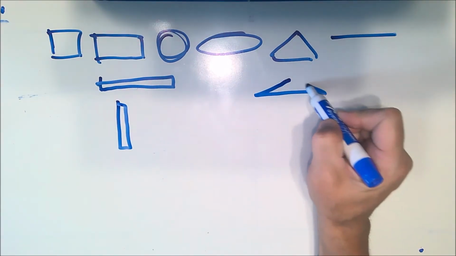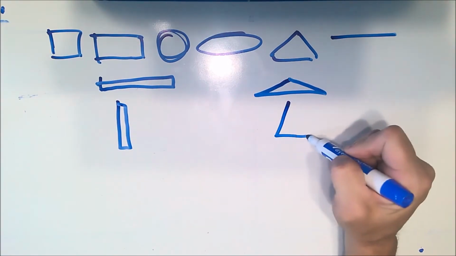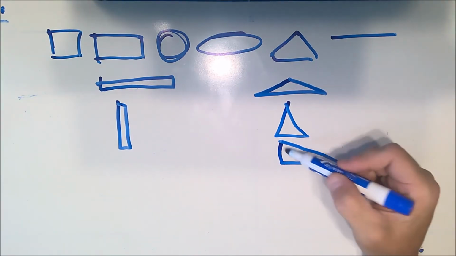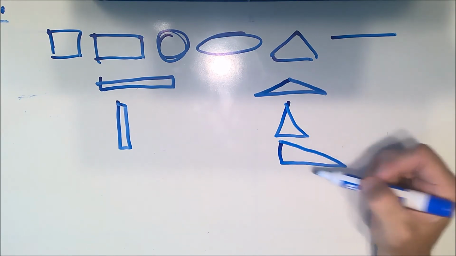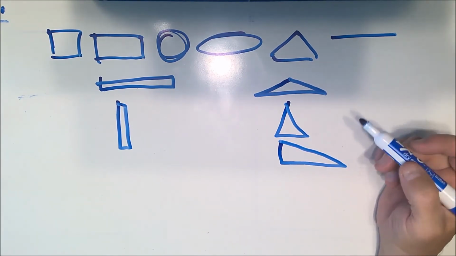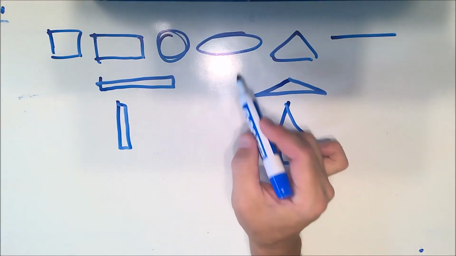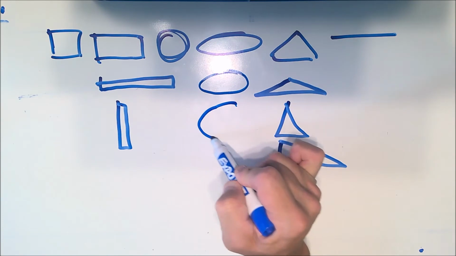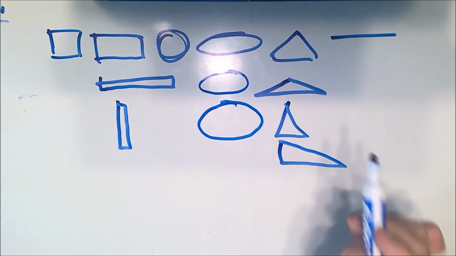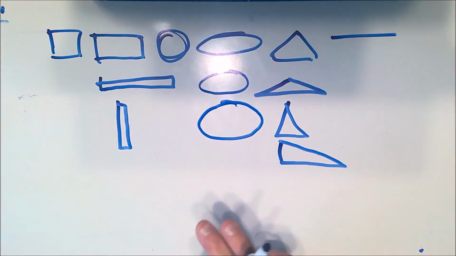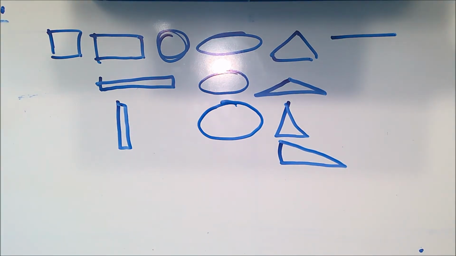Triangles could be like this, like this, like this, depending on our height in relation to our width and the walls of the triangle. That's our spatial relationship. Same thing with ovals. You can have this, you can have this. Those all vary, and that all has to do with our spatial relationship, okay?